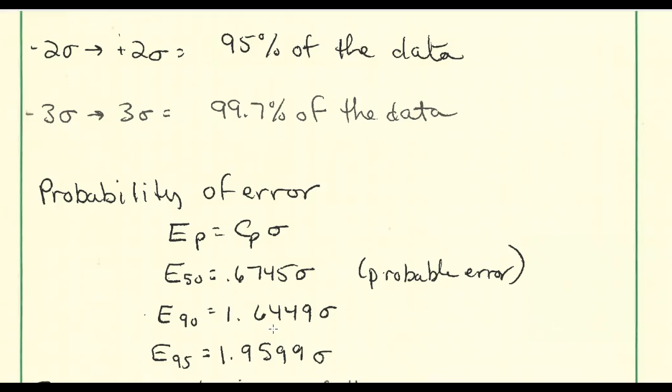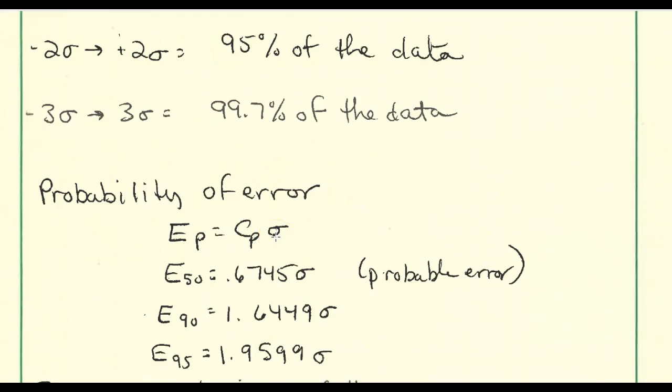And if you think about data like that, it's strange, because if candidate A gets 6% less than that, they would lose or could lose. And if they got 6% more than that, then they would win. But that's the way that it's written because what we're really saying is we really don't know for sure until election day. So the probability of error, E sub p, is equal to some constant times that standard deviation.